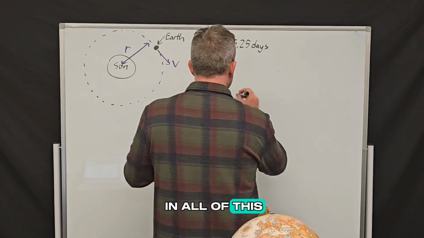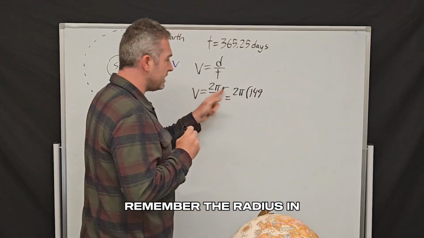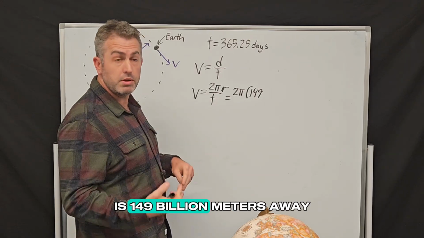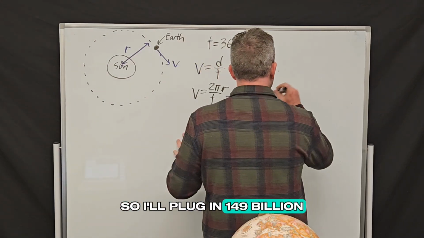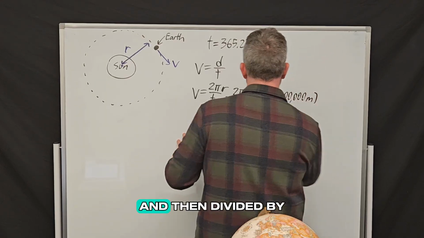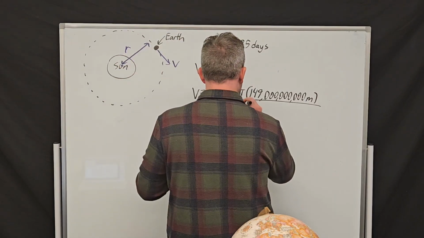So if we plug in all of this information, we have, remember, the radius in this circle, which is the distance from the Earth to the sun, is 149 billion meters away. So I'll plug in 149 billion, that's 9 zeros, and then divided by 365.25 days.